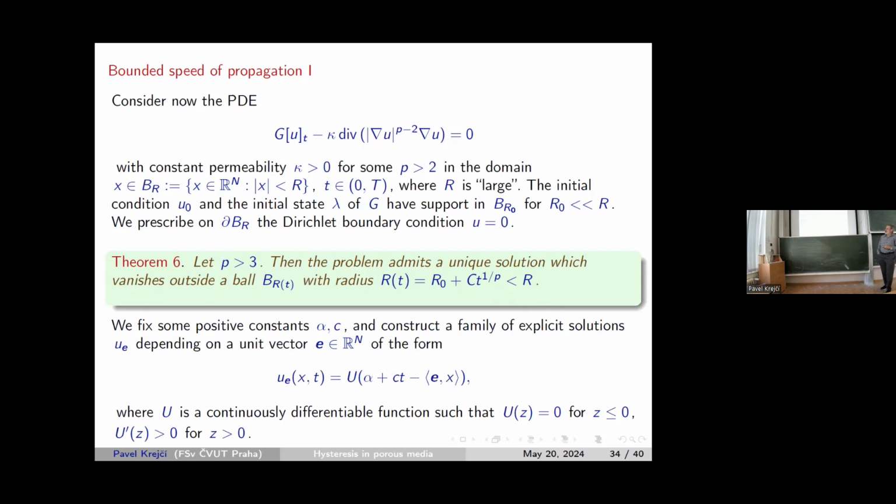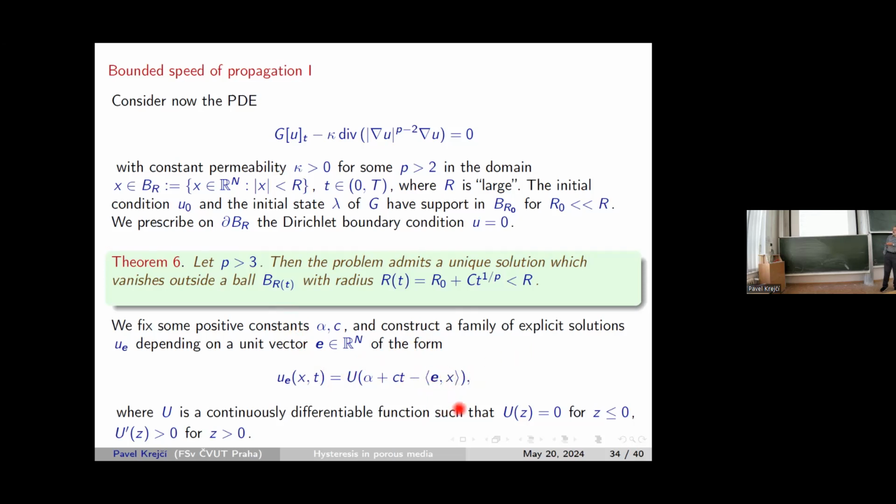So the idea is to fix some constants alpha and c, and we construct a family of explicit solutions depending on the unit vector e, of the form capital U. Capital U will be a real function of one variable, of the argument alpha plus ct minus the scalar product e dot x.